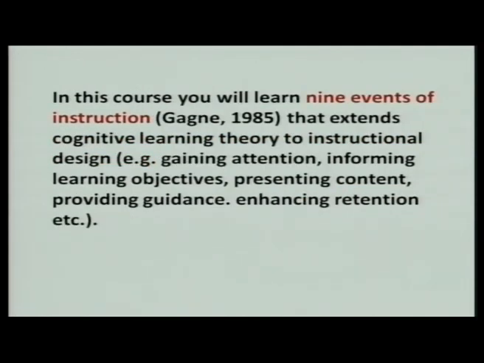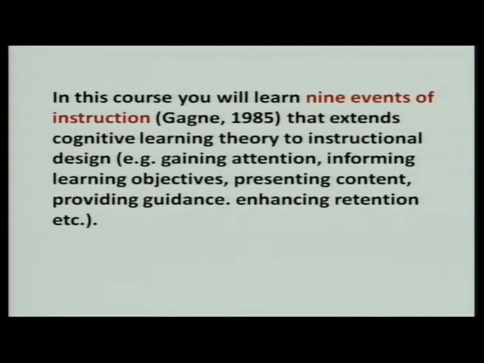In this course, you will also learn the 9 events of instruction that extend cognitive learning theory to instructional design. Say, for example, gaining attention. Have I done something at the beginning of this presentation to gain your attention? Informing learning objectives. Have I informed you about the learning objectives or learning outcome? Presenting content. How have I presented the content to you? Have I followed a certain style or system? Providing guidance.